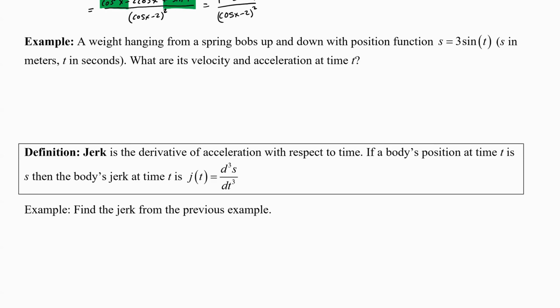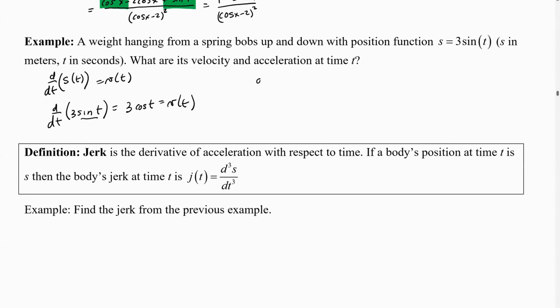Well, let's remember that if position is a function of time, the derivative with respect to time of position is velocity. The derivative of 3 sine t is 3 times the derivative of sine, which is cosine. And that's what velocity is.